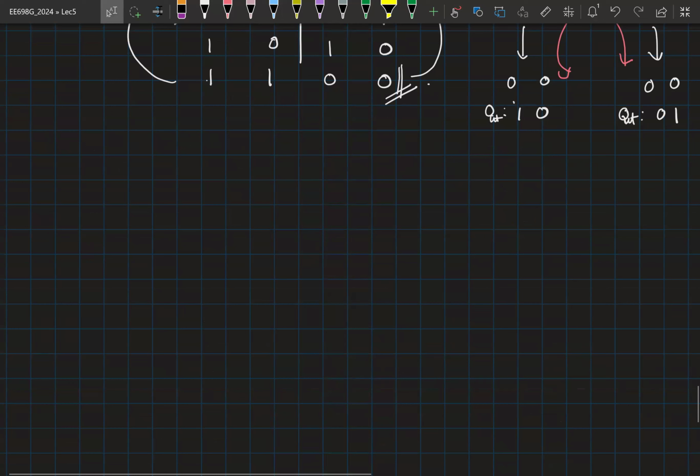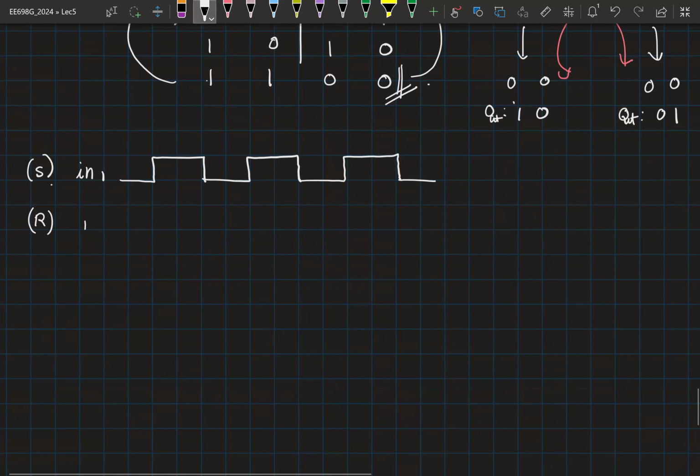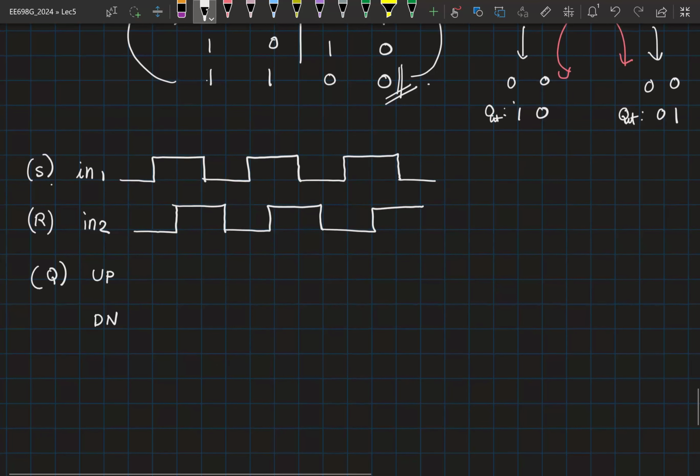So you have in1, which is your set signal, as some input like this. In the reset pin, you will give in2, let's say this is a delayed signal. Now you have your up, which was originally your Q. Then you plot a down, which was originally your Q bar.